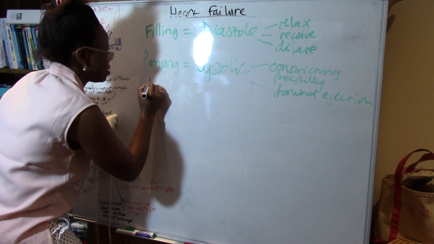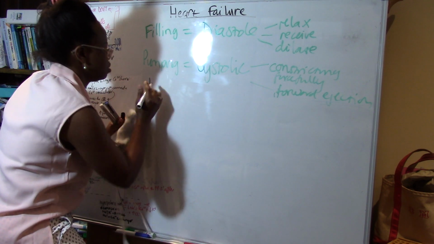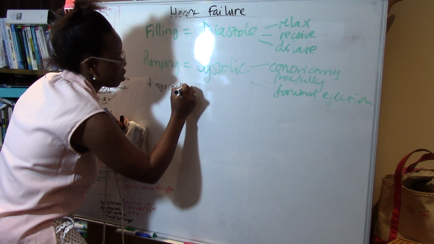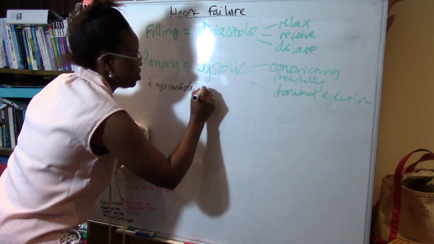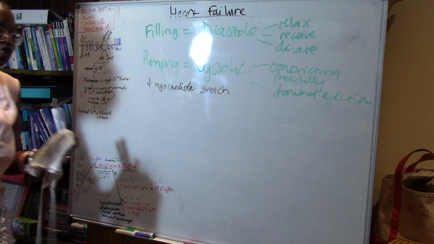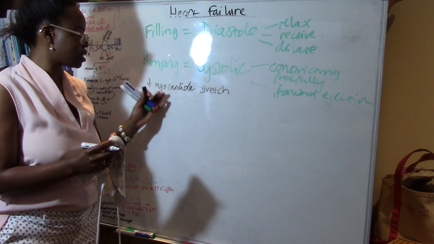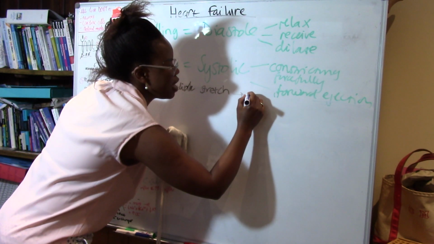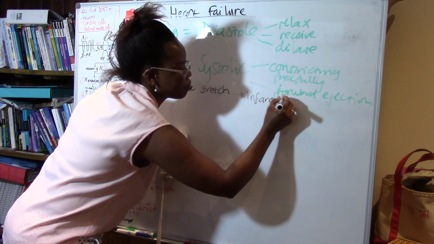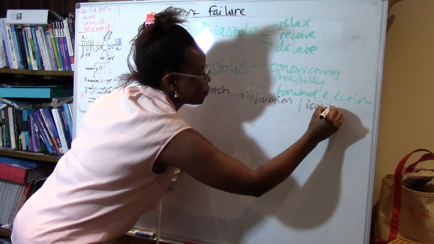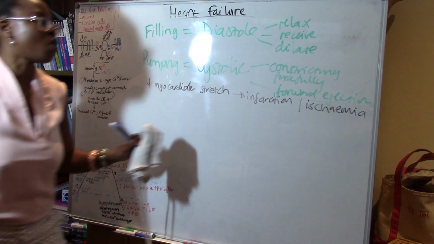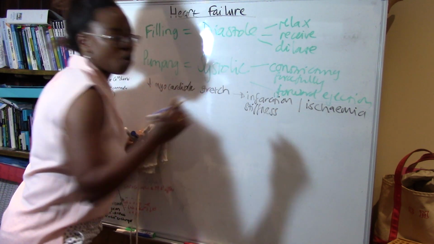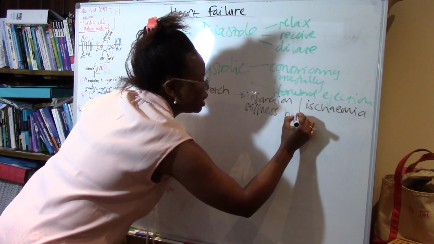I don't know why I just write myocyte. And things which will actually stop the cardiac cells from stretching include infarction, ischemia, or perhaps even stiffness caused by hypertrophy.